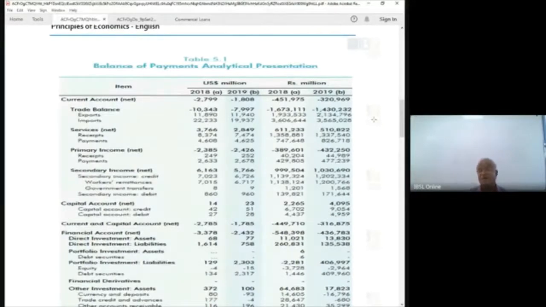So if you buy robots in the future, you can say it is classified under import, but it's a new item. Sometimes you may want to find under which account we should enter this. Then you refer the manual, BOP manual, and they say, okay.